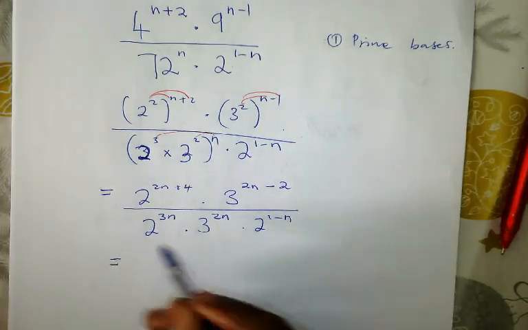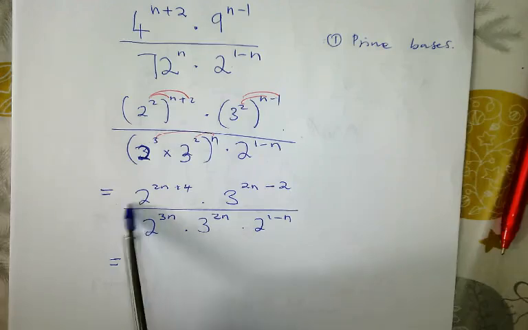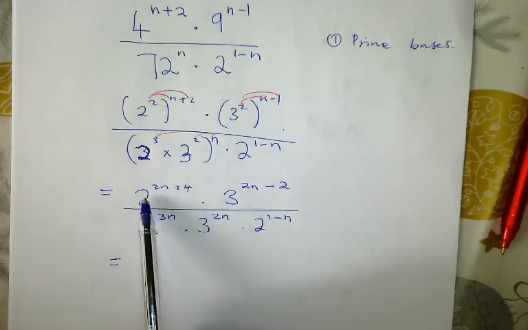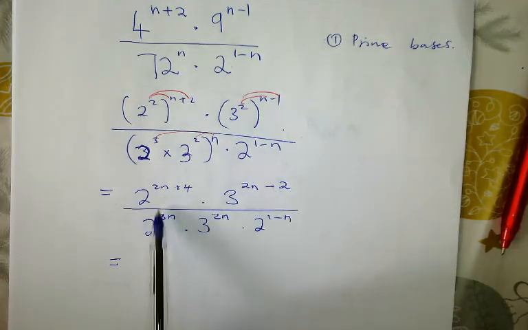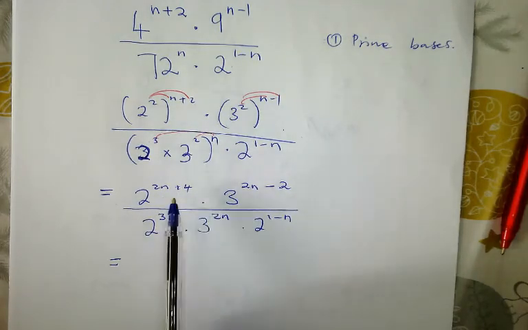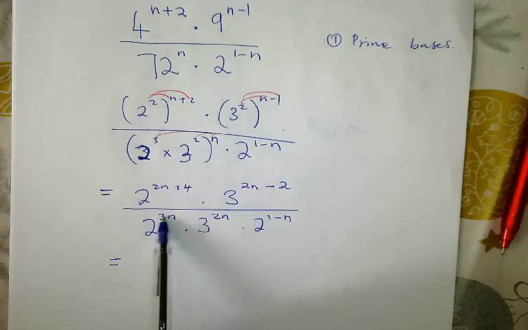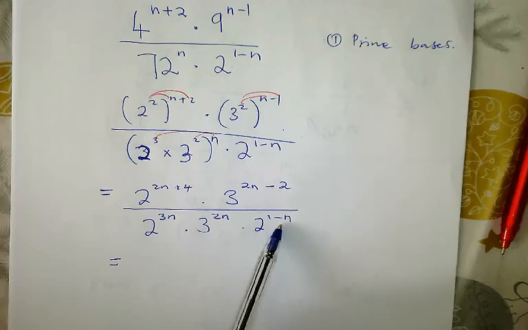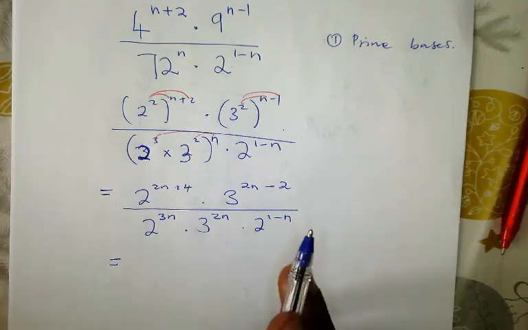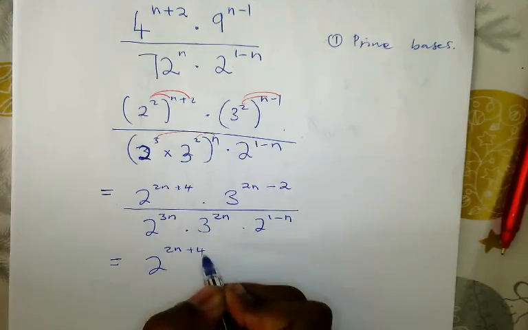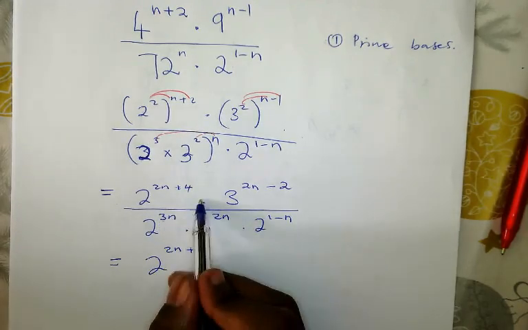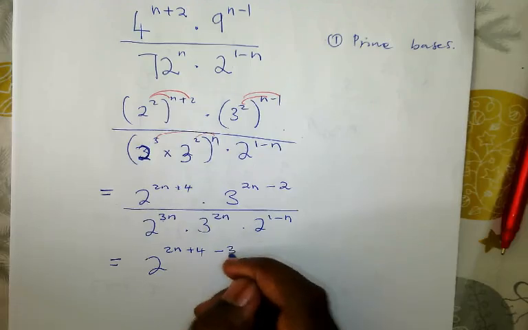Then from here, I'm going to apply law 1 and law 2. Law 1 says if I'm multiplying powers of the same base, I can add the exponents. So I'm going to subtract 3n and subtract 1 minus n. So it's going to be 2^(2n+4). The 3n, I'm going to subtract according to law 2, is going to be negative 3n.